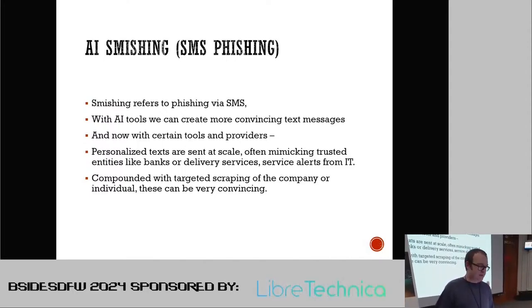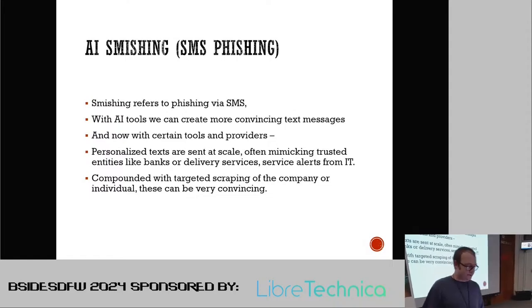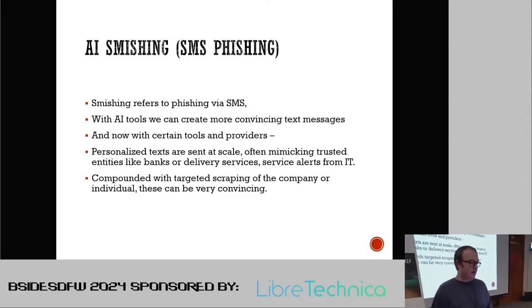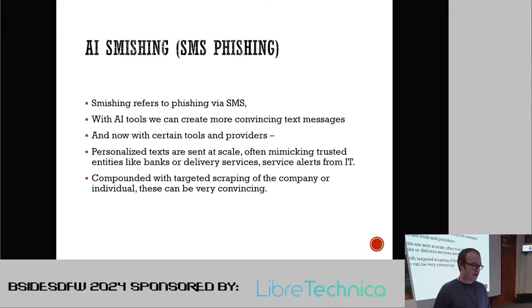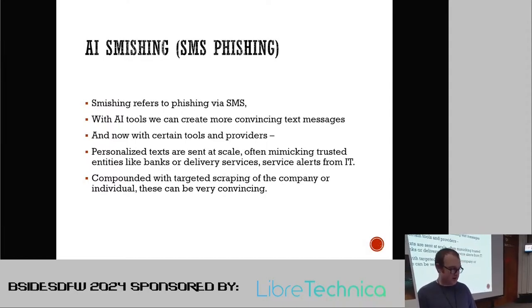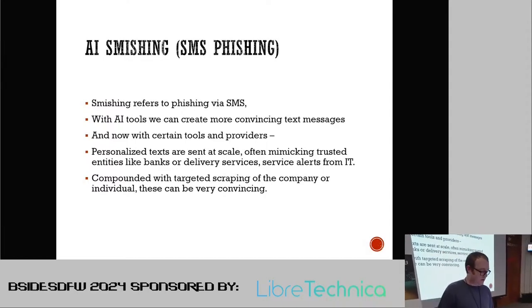There's not going to be any misspellings in any of these scripts. They can also be sent at scale. So that means you can use a third-party provider to send out messages en masse and almost have real-time replies. And I will show a GIF demo here in a little bit.